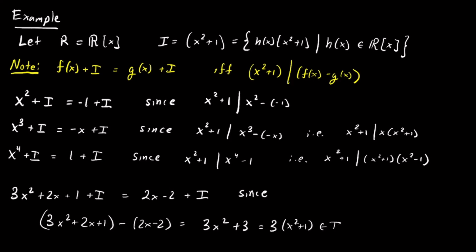So this is an element of I, right? In other words, their difference is an element of I, or in other words, x squared plus 1 divides their difference. Okay, so another consequence of this is that 3x squared plus 2x plus 1 is in some sense being made equivalent to 2x minus 2.